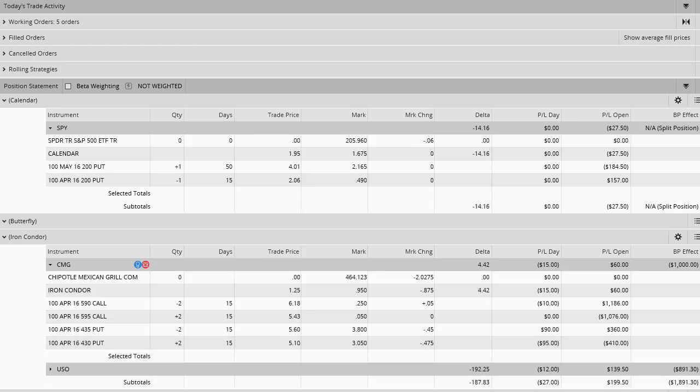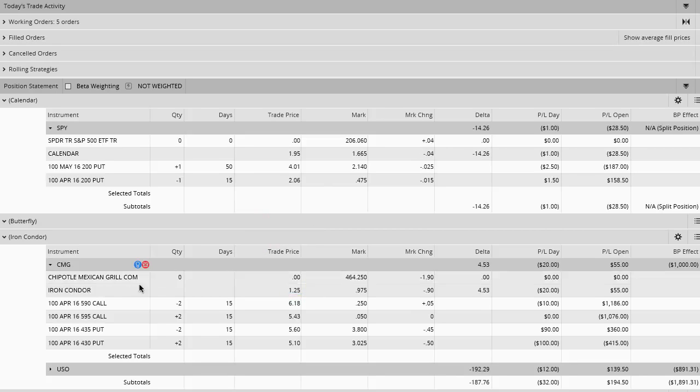So 50% of the 125 that we sold means that we want to take this trade off when the value goes down to 62.50. Okay, that's our profit target on this trade. Right now it's trading at 125. That's what we sold it for. That's the max potential gain. Half of that gain, or 50% of that gain, is 62.50.